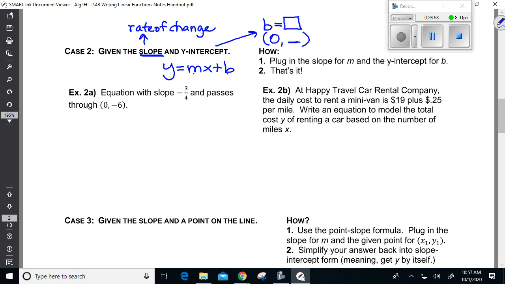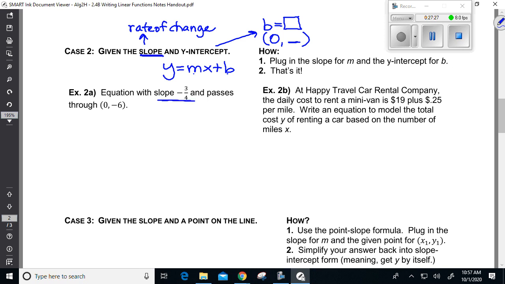So, let's indulge ourselves with a straightforward example and then a word problem based example. Yes, word problem based example. (2a) An equation has a slope of -3/4 and passes through (0, -6).